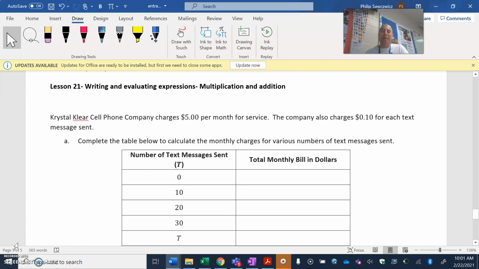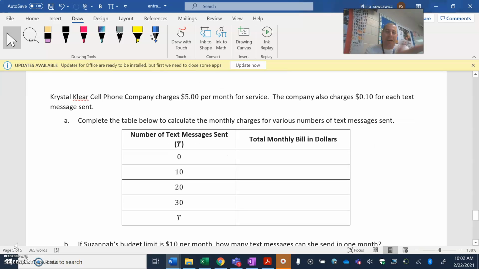All right. This is a question I like to keep in here, even though it has absolutely no relevancy to today's world. You know how bad it was back in the day. I'm sure parents asked in the beginning of cell phones, that kind of stuff. They remember about it. So we got a company here called Crystal Clear Cell Phone Company. They charge $5 per month for service. And then they also charge 10 cents for each text message.